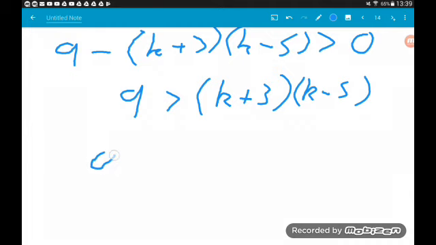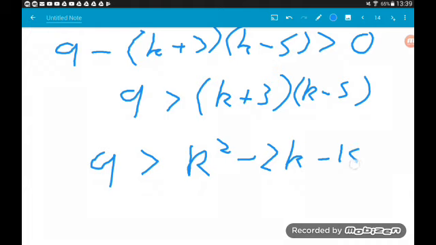Now, I'm going to leave the 9 where it is for now. So we're going to get 9 is greater than k squared. Now we're going to get minus 5k and 3k, so we're going to get minus 2k, and then 3 times minus 5 is minus 15, like that.